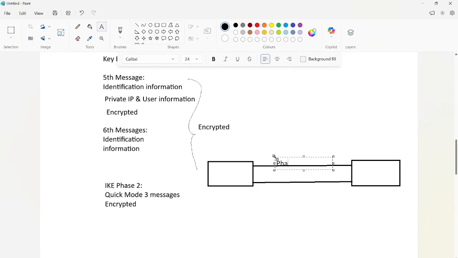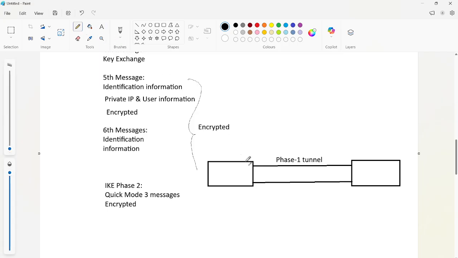In this phase 1 tunnel, our phase 2 information is exchanged between firewall 1 and firewall 2. We have already formed the phase 1 tunnel, which is a secure one.